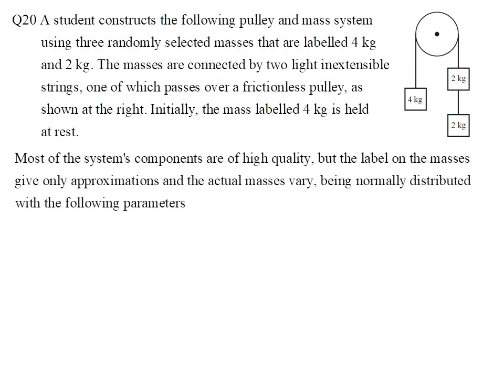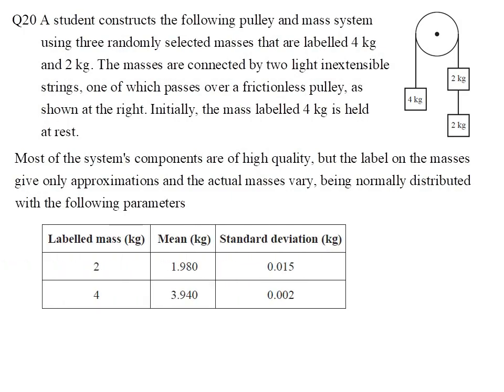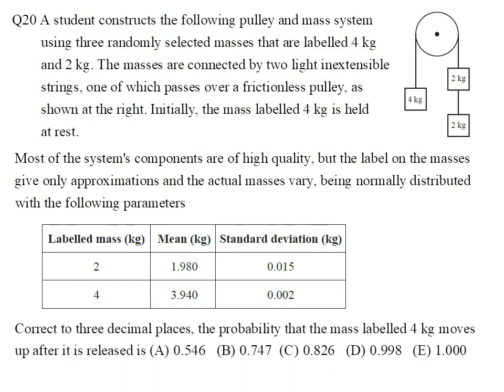The other criteria in this question are that most of the system's components are of high quality, but the labels on the masses give only approximations, and the actual masses vary, being normally distributed, with the parameters shown in the table. The question here is to find the probability that the mass labeled 4 kg moves up after it is released.